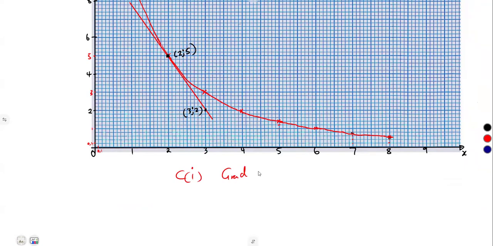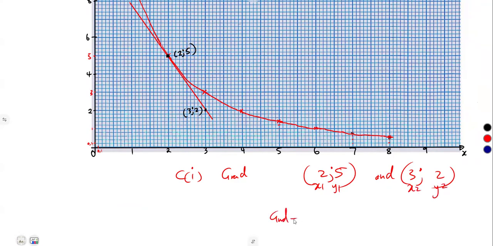So for our gradient, I'm going to use the point 2, 5, the point of tangency, and the second point, 3, 2. So you can name these x1, y1, x2, y2. So our gradient is simply the change in y over the change in x.